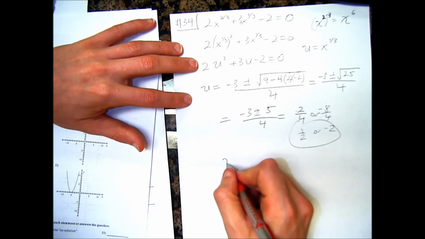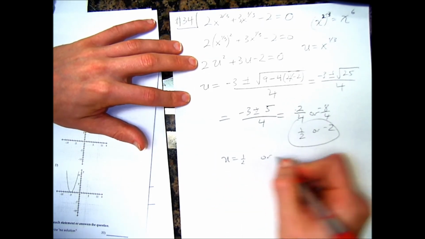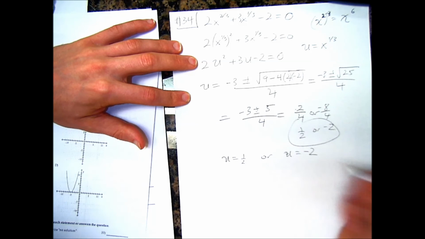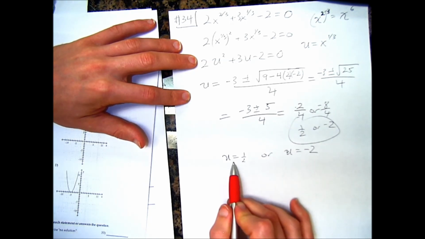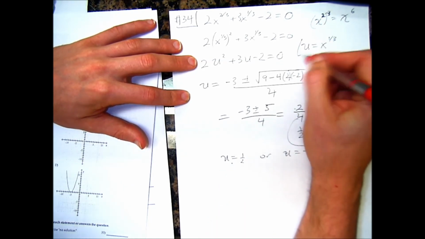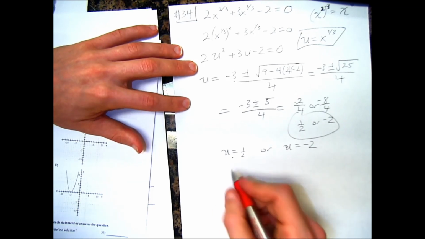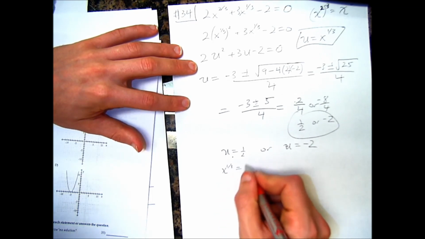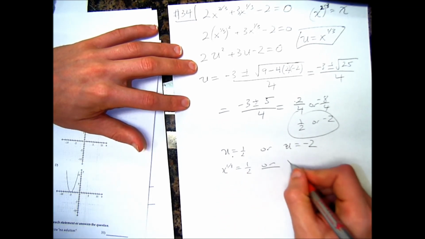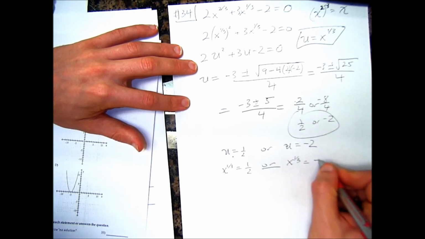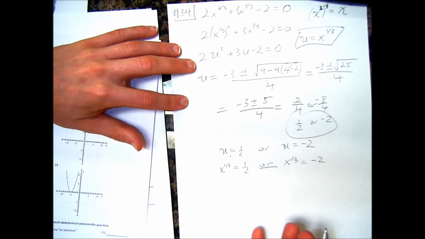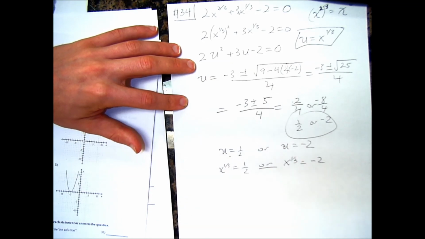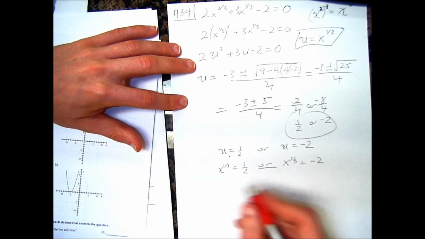So then I write u is equal to 1/2 or u is equal to -2. But what is u? I said that u was x to the 1/3. So then I just write x to the 1/3 is equal to 1/2 or x to the 1/3 is equal to -2. Because remember, we're solving for x, not u. This was a trick that we used, or a substitution that we made.